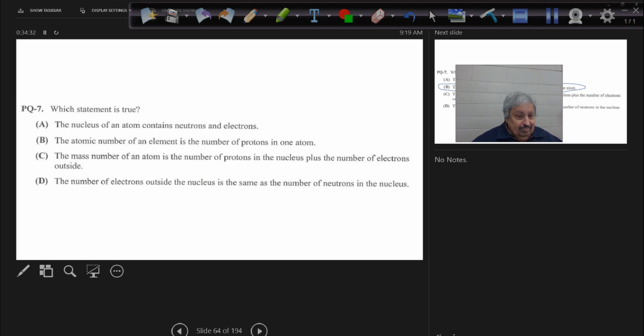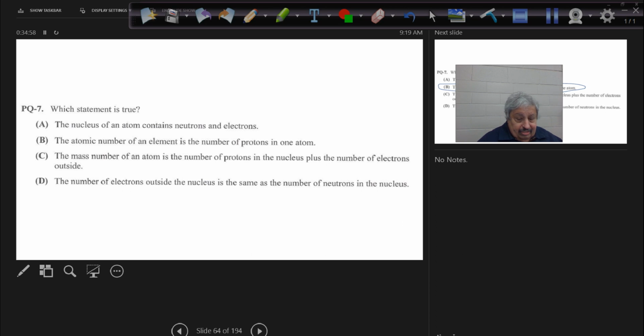How about C? The mass number is the number of protons in a nucleus plus the number of electrons. That's not true. The atomic mass or mass number is the mass of the protons plus the mass of the neutrons, correct?